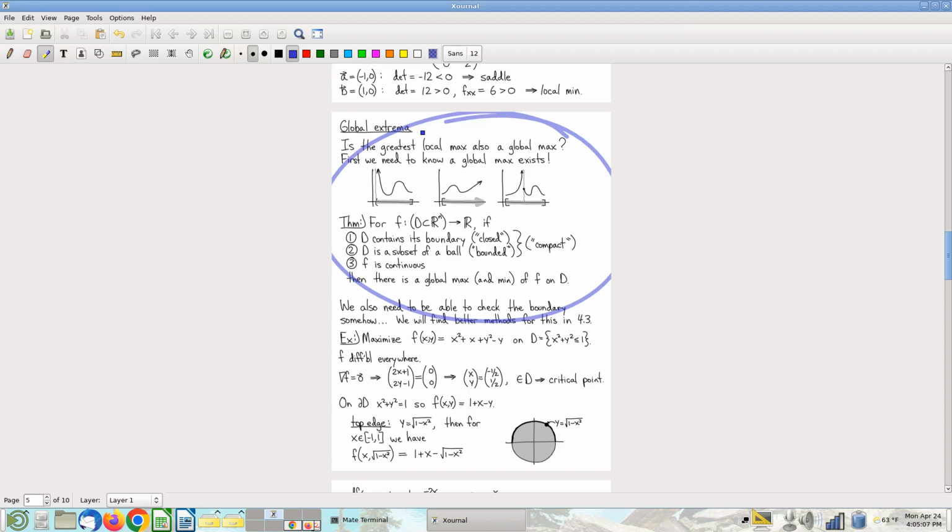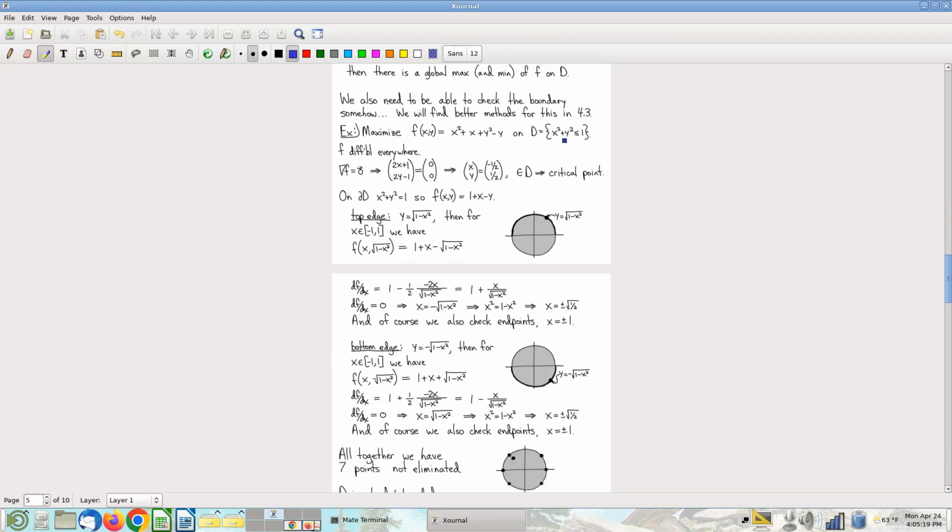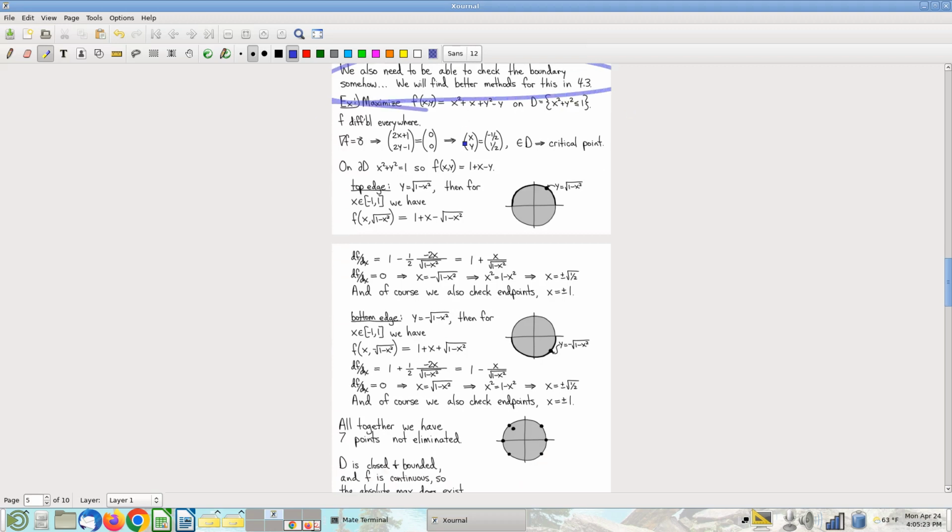If you want to look at this for your own personal feeling of thoroughness in the subject, feel free to give it a glance, but it's not something that you're required to know. And likewise, all this business here about how to check the boundary, this is ultimately what we're going to find to be a highly suboptimal method. And you can glance at it if you'd like, but it's really not important, and don't feel the need to look at that either. So basically, these next two pages are to be skipped.